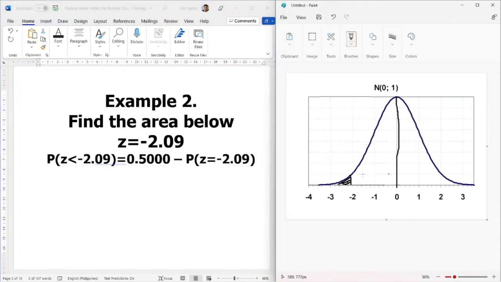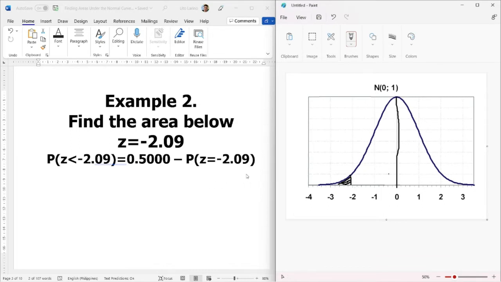Again, when we are going to determine the area below the z-score, which is a negative value, in this case negative 2.09, we subtract the area when the z-score is the given z-score, negative 2.09, from this half area, because the entire half area is 0.5000. To determine this area below the given z-score, we subtract the area when the z-score is negative 2.09 from 0.5000.